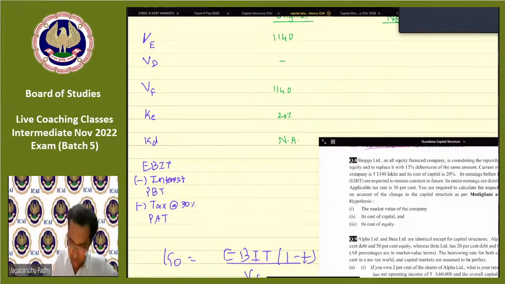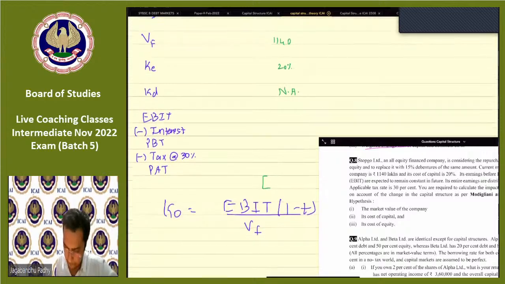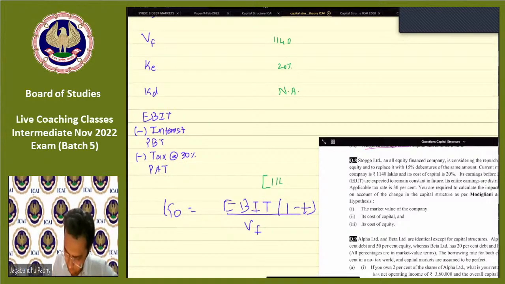So I get PAT as 1140 into 20%, which comes out to be 228.